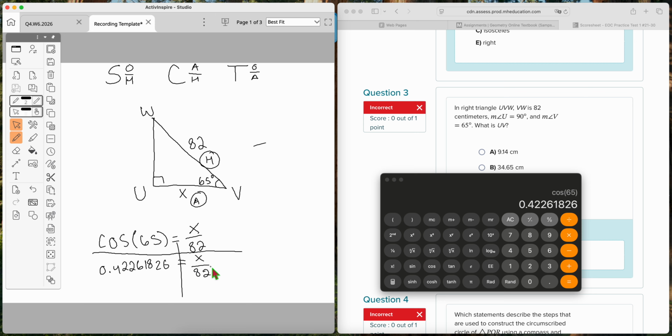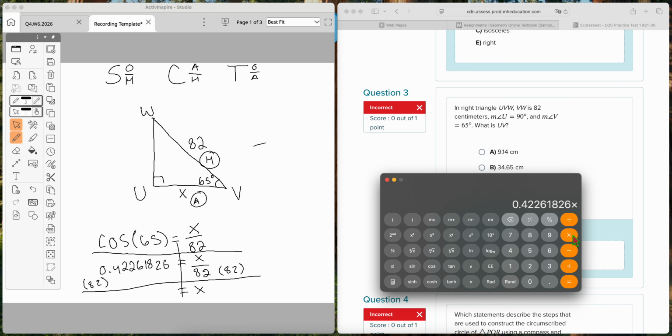If I want x by itself, what do we need to do? We need to multiply by the denominator to get rid of it. So I'm going to multiply both sides by 82. That'll leave me with just x here. And on the left side, times 82, is 34.654.